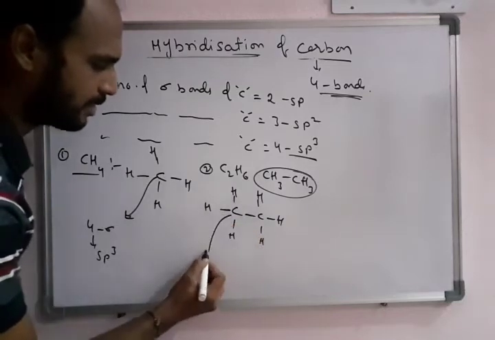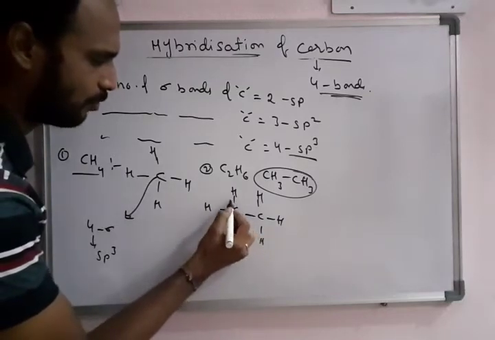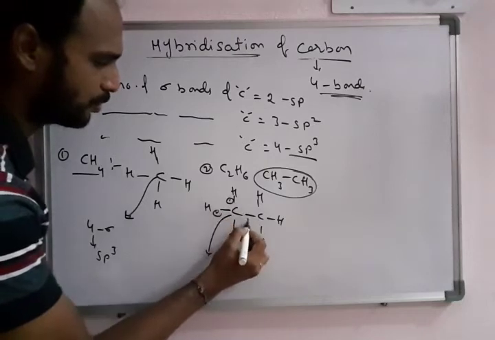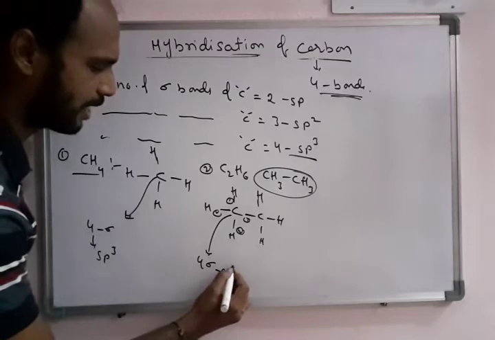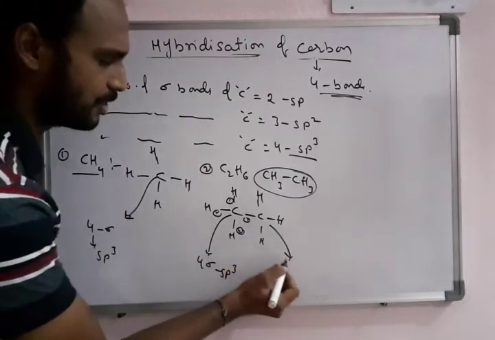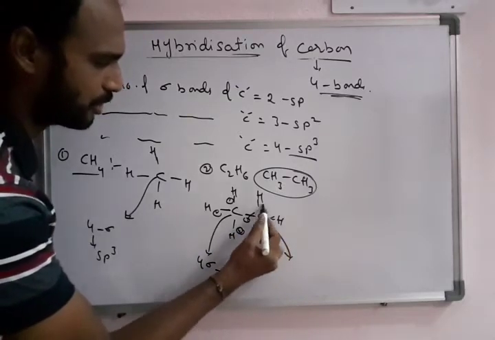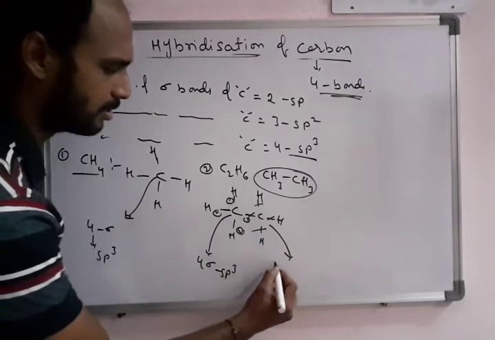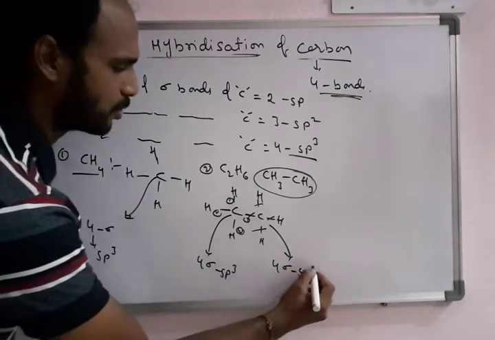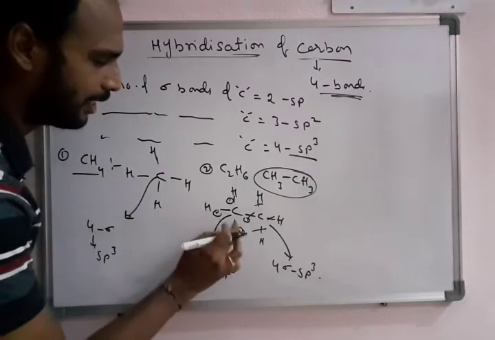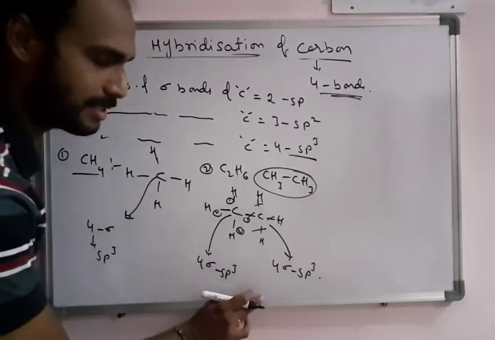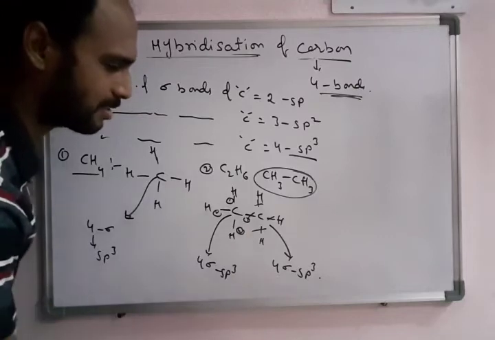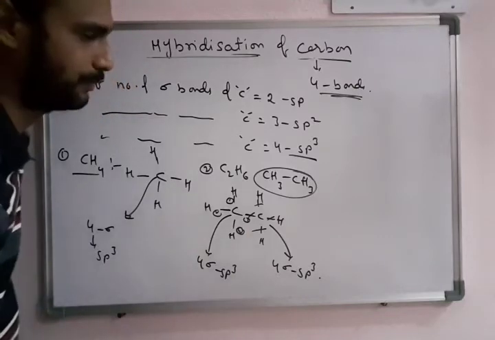Here this carbon is having 1, 2, 3, 4 sigma bonds, and 4 sigma means sp3 hybridization. This carbon is also having 1, 2, 3, 4 sigma bonds, so it also undergoes sp3 hybridization. Here both carbons undergo sp3 hybridization. It is not compulsory that all carbons must possess the same hybridization in a compound.